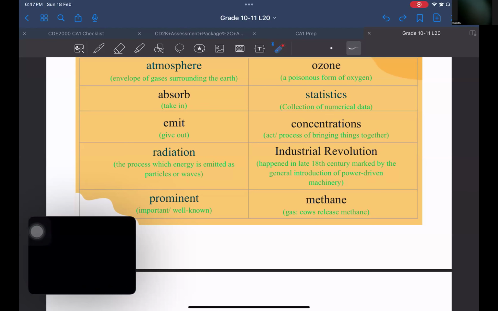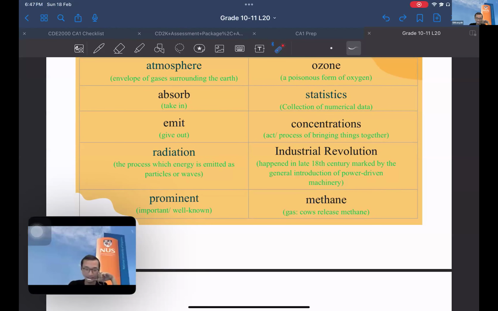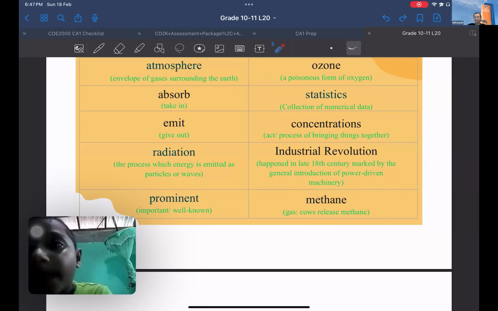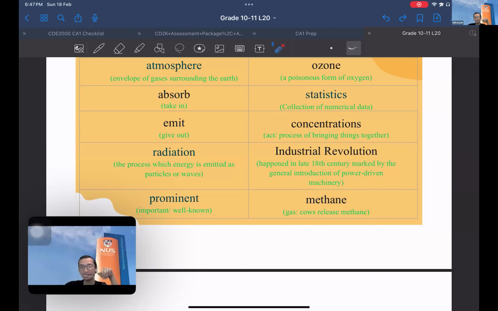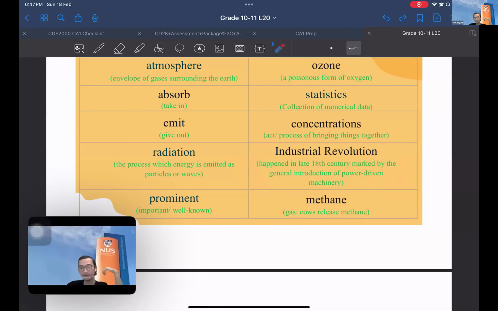Next, the Industrial Revolution, which is something I actually just learned recently. There are actually 4 Industrial Revolutions. Okay, this one says it happened in the late 18th century, marked by the general introduction of power-driven machinery.